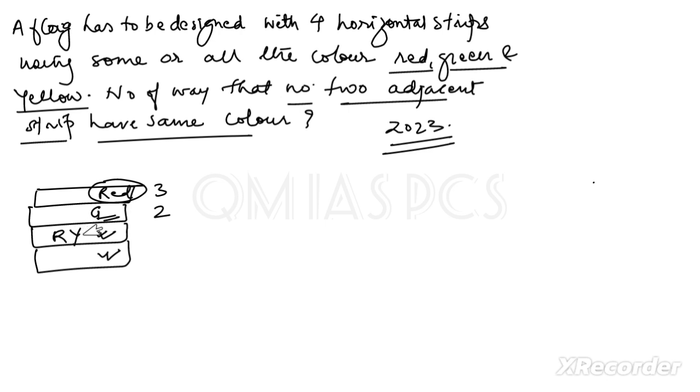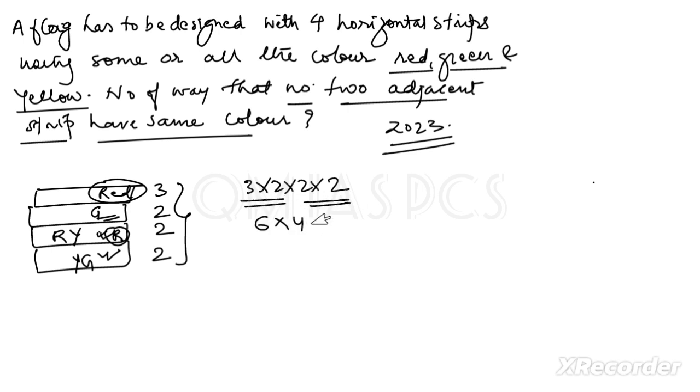We can't fill green. Again we have two options. Let's say we have red. Next we can have yellow or green. Again we have two options. So we have to multiply all the numbers, 3 multiplied by 2 multiplied by 2 multiplied by 2. So it will be 6 and 4, that will be 24.